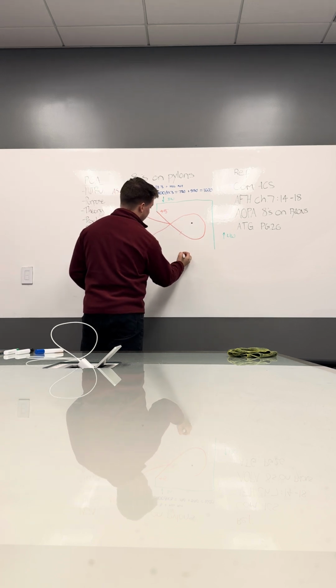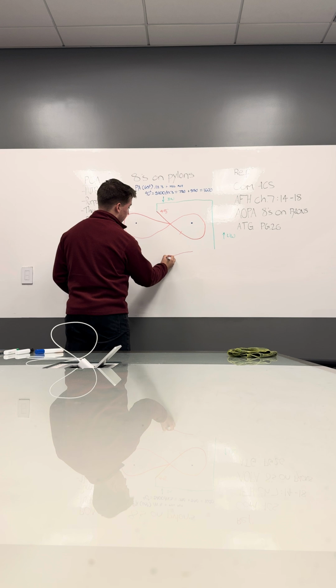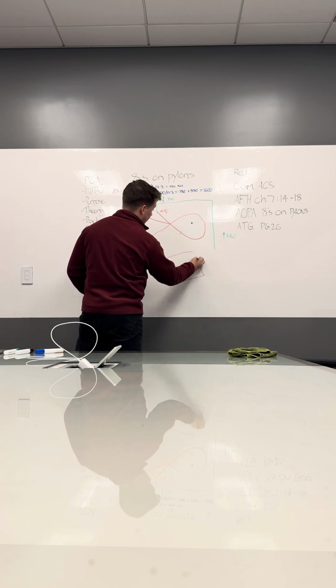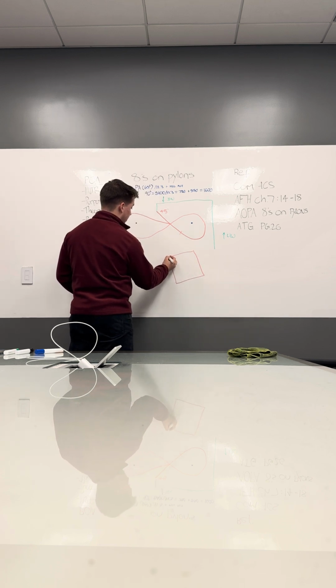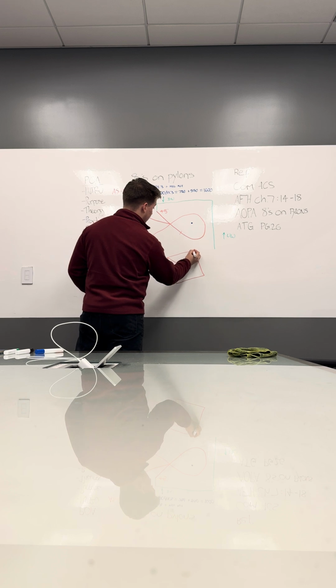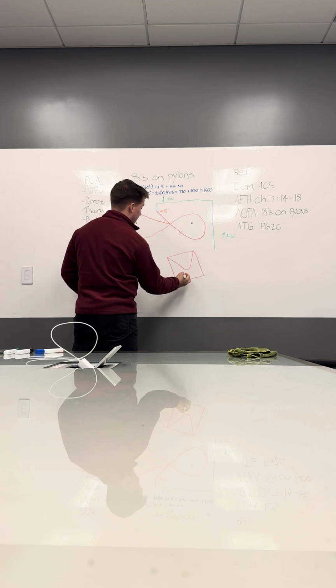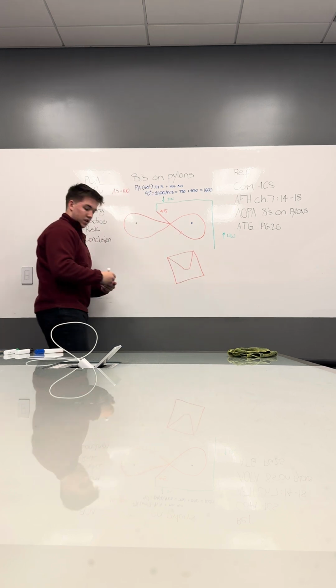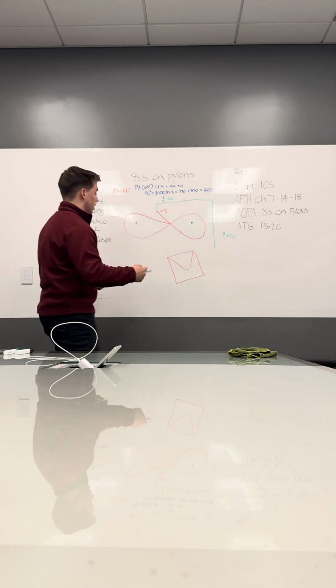Kind of what that's going to look like is, pretend this is your window off your left side. So you have your wing, and then the pylon down here.